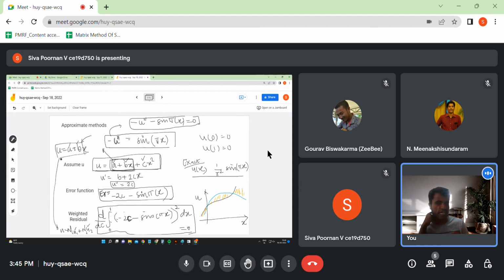The problem with having a and b as variables is that they do not have any physical meaning. A and b are just mathematical coefficients, right? But once we write u as n1 u1 plus n2 u2, then we know that u1 and u2 have some physical meaning associated with them. U1 is the displacement at point 1 and u2 is the displacement at point 2, right? So that is the advantage of writing it this way.